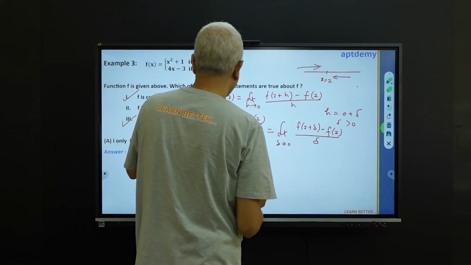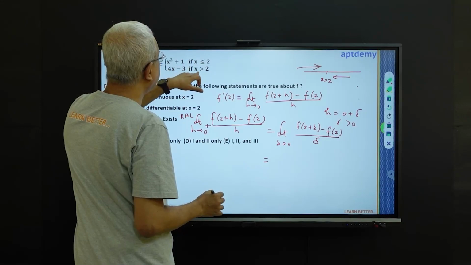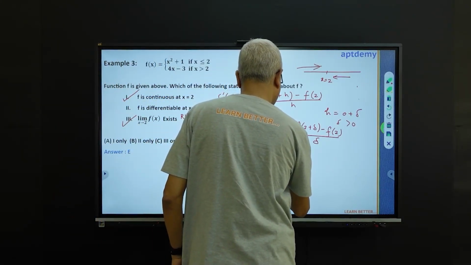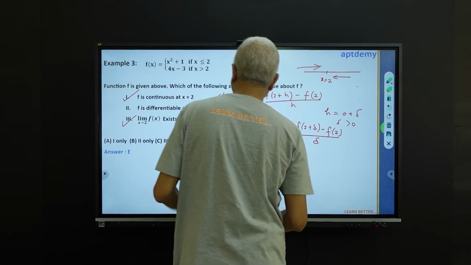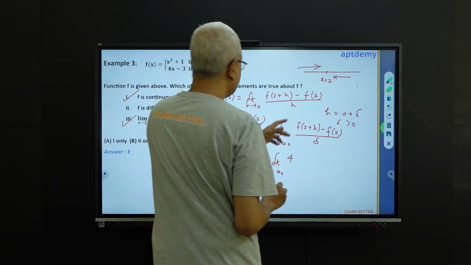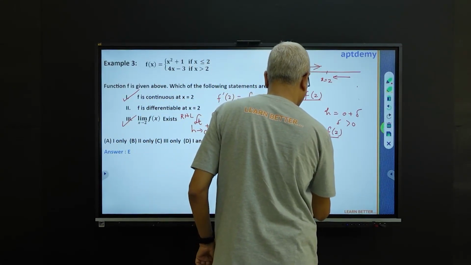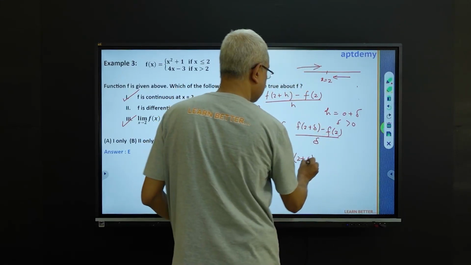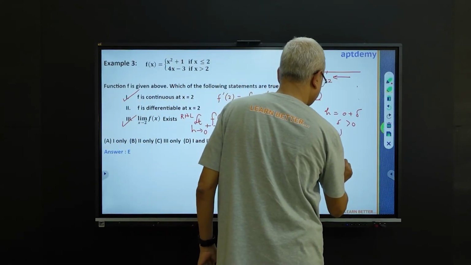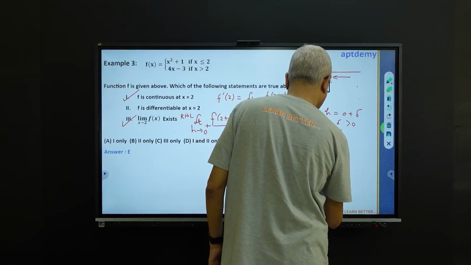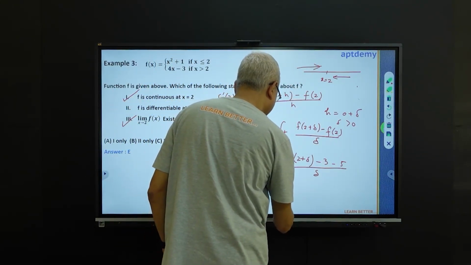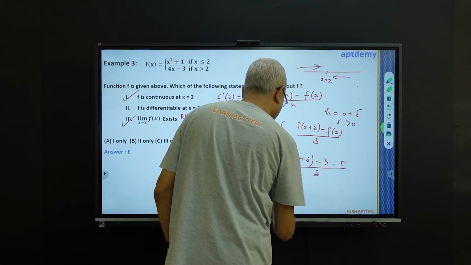Okay, so 2 plus delta means we have to take this formula 4x minus 3. So limit delta approaching 0, 4 in place of x you write 2 plus delta, minus 3 minus f(2) is definitely 5, by delta, which is equal to limit delta approaching 0.